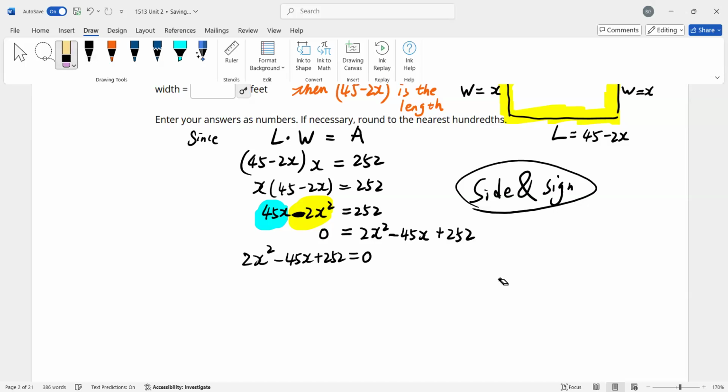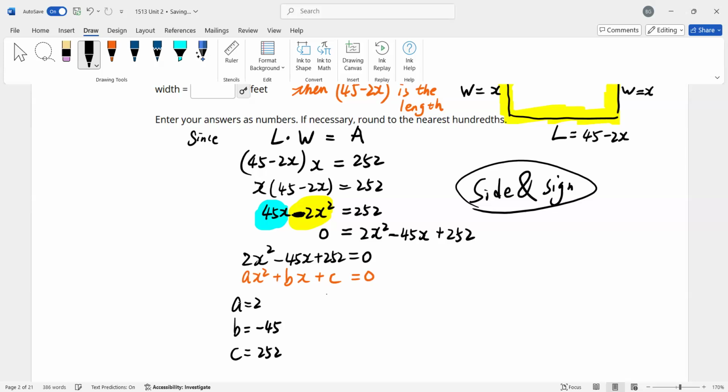How about we use the quadratic formula, because that's the focus of this section. And then let me write the formula right under. Then it can help you to determine the values for a, b, c. a here is 2. b here is negative 45. c here is 252, right?